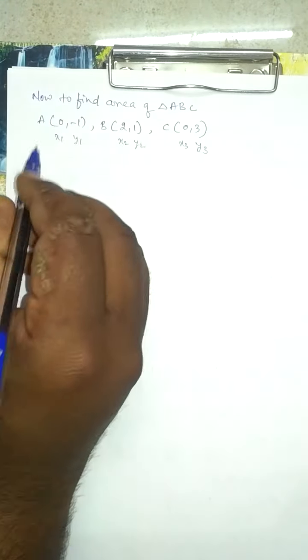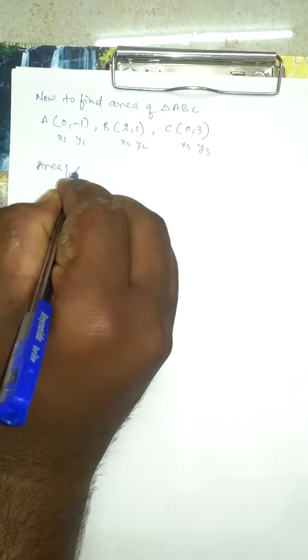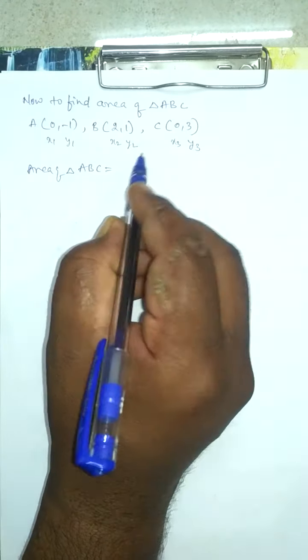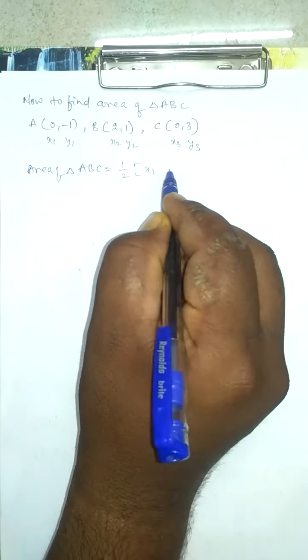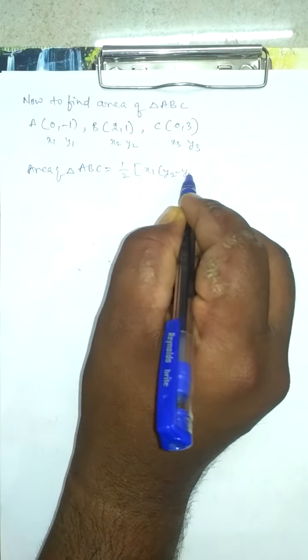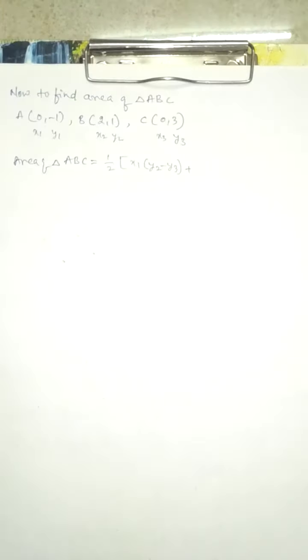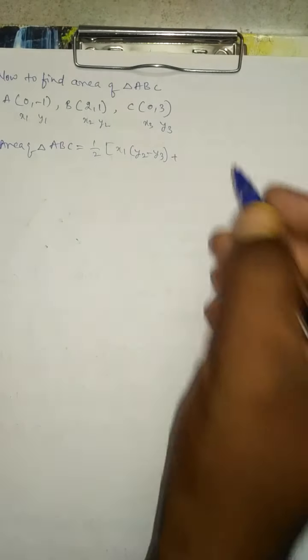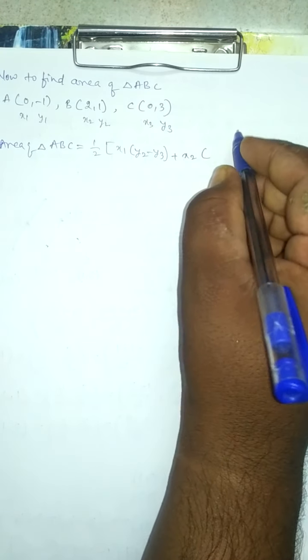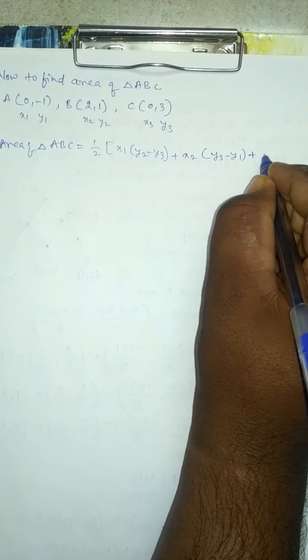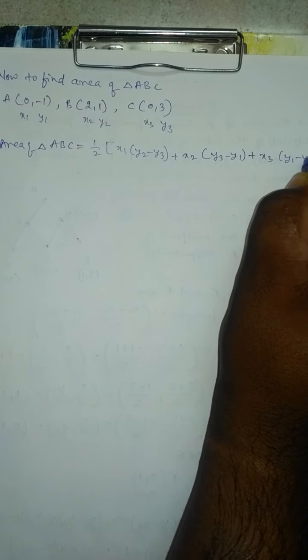So now area of triangle ABC. According to the area of triangle formula, it says half into x1 into y2 minus y3 plus x2 into y3 minus y1 plus x3 into y1 minus y2.